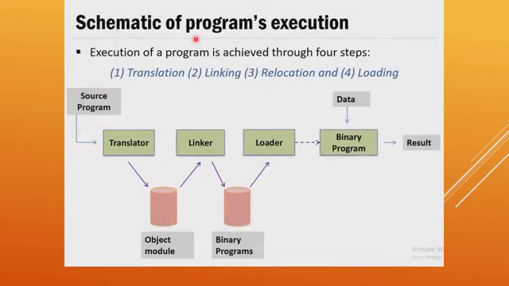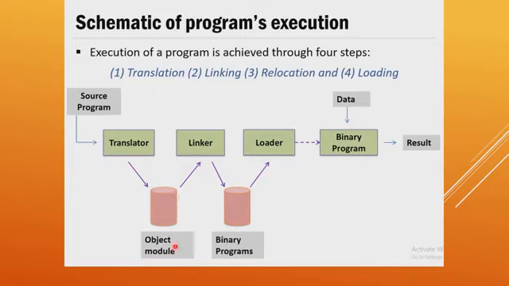So this is basically a schematic of the program's execution. The execution of the program is achieved through 4 different steps: translation, linking, relocation and loading. So how does it follow? First, we have our source program. It is translated into an object module.